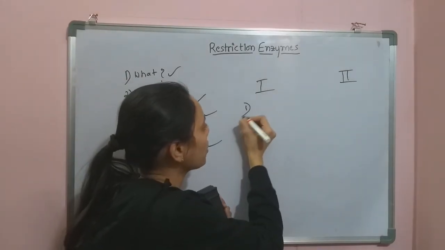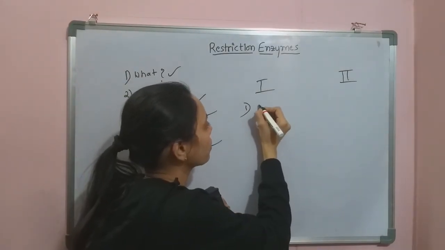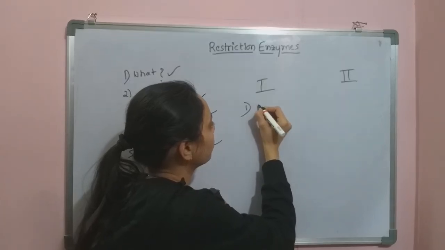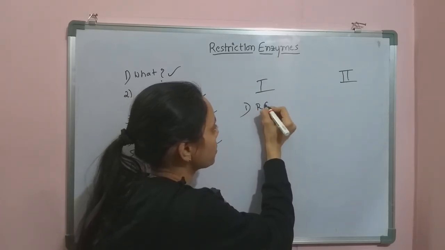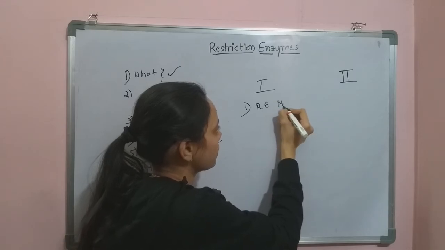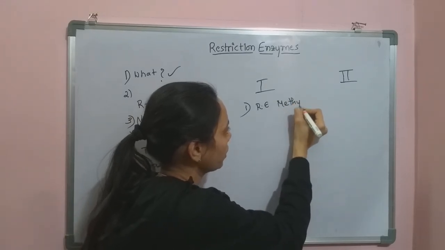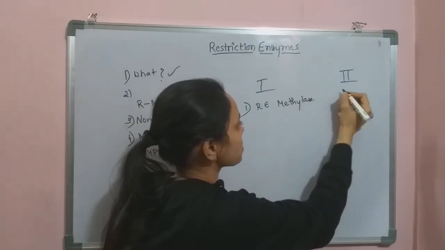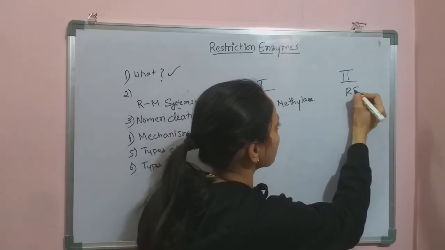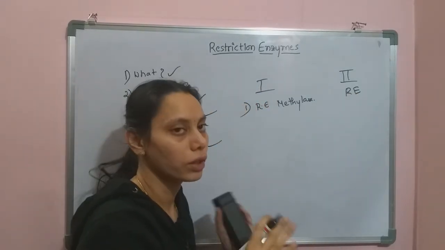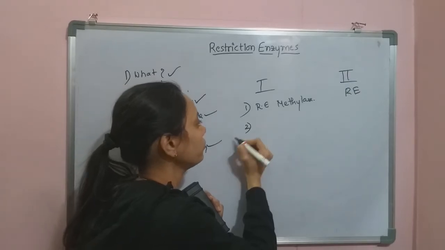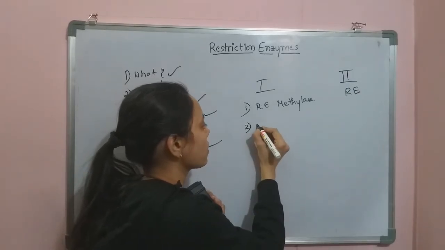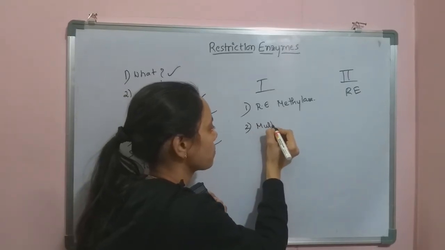Here type 1 enzymes are restriction enzymes as well as methylases, as we already discussed. Type 2 are only restriction enzymes; they are able to cut the DNA only. Type 1 enzymes are multi-subunit enzymes.